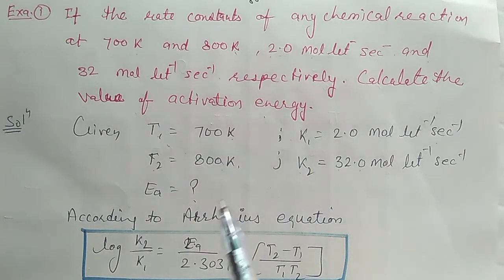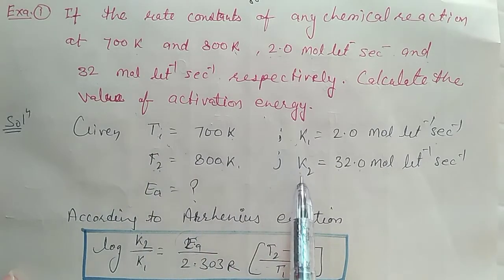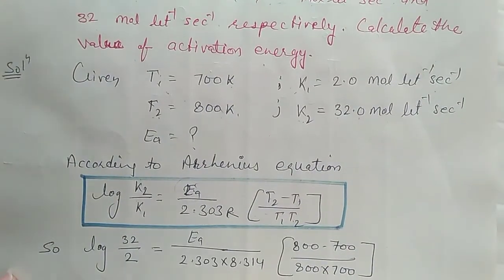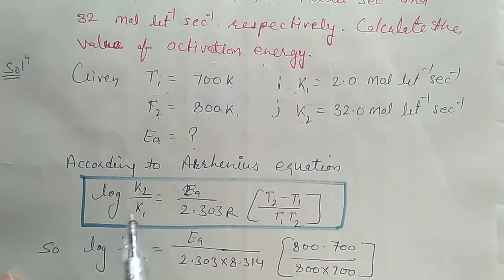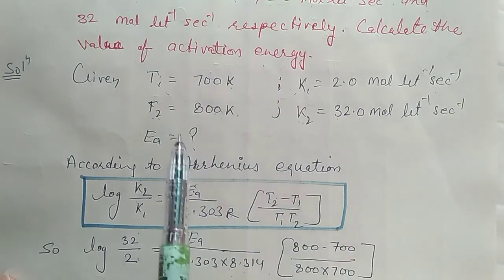So according to the Arrhenius equation, log K2 upon K1 is equal to EA upon 2.303 R into T2 minus T1 upon T1 T2. These values are given. R we know is 8.314. So we can calculate EA easily. First of all, we put in the values of T1, T2, K1, K2 and R. So log 32 upon 2, that is K2 upon K1, is equal to EA upon 2.303 into 8.314 into 800 minus 700 upon 800 into 700.